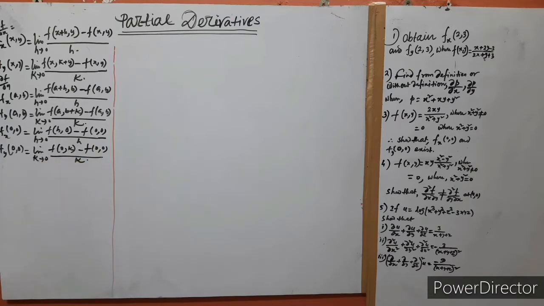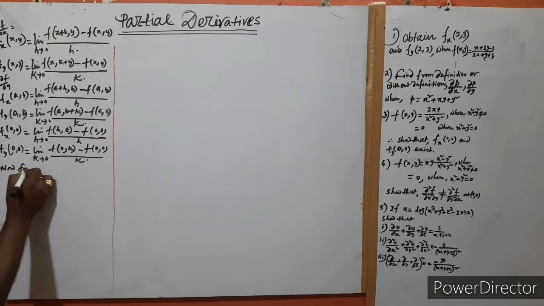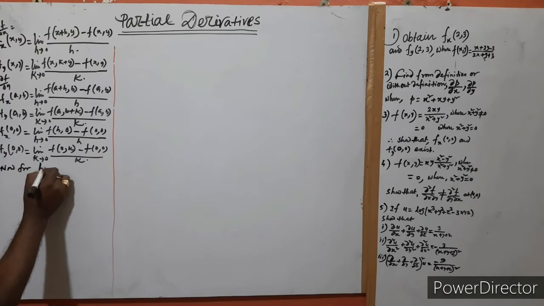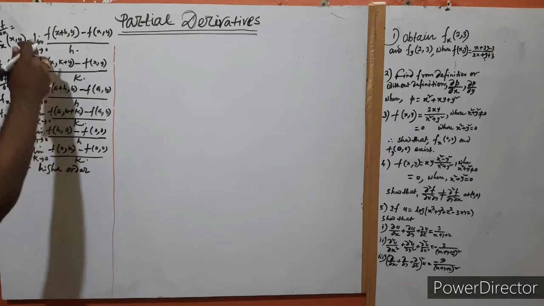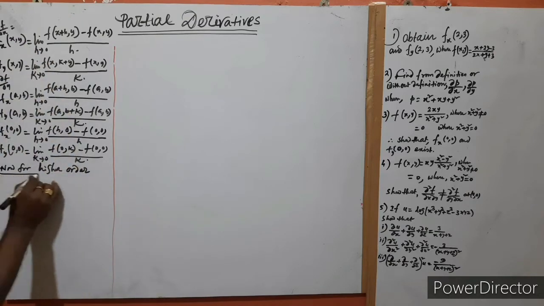Now for the partial derivative of higher order. The first order is done, and higher order here means up to second order.